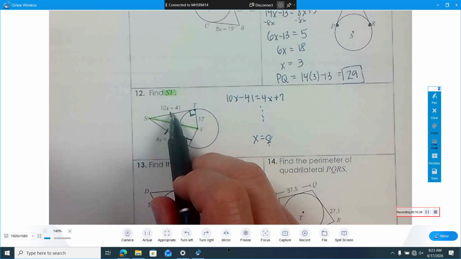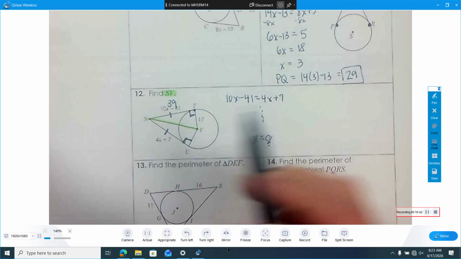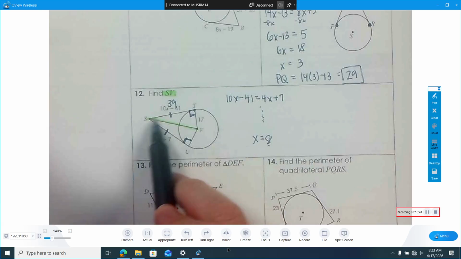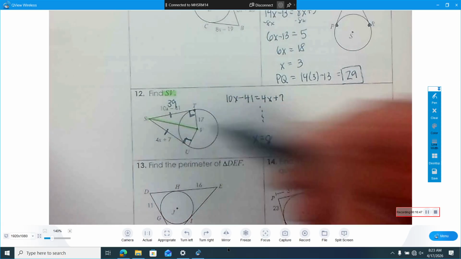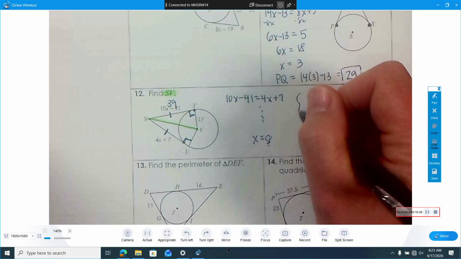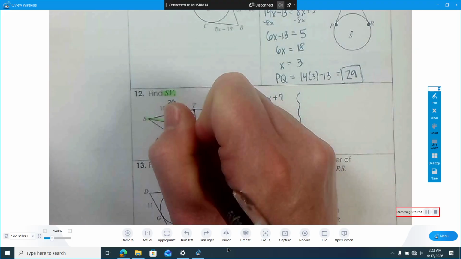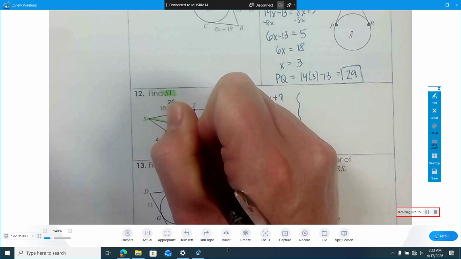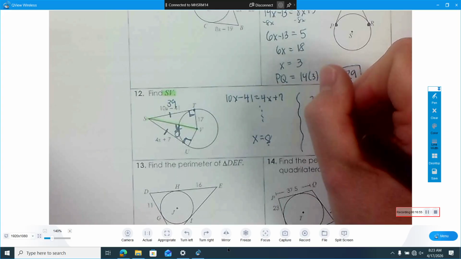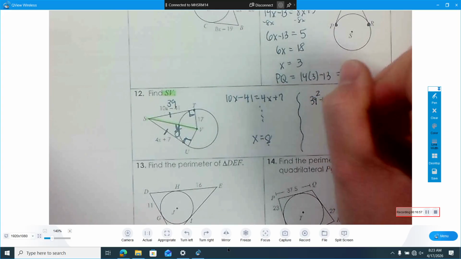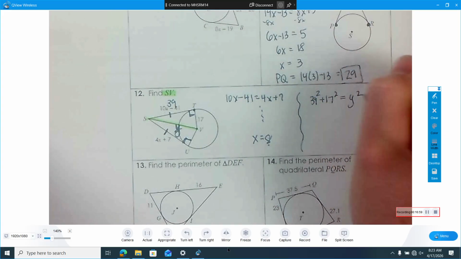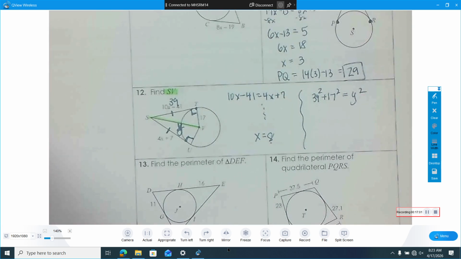So that's 80 minus 41, 39. So if I plug it back in, I see ST is 39 and 17, and then it's the Pythagorean theorem. If we want to figure out, I'm going to call it y, 39 squared plus 17 squared equals y squared. So Pythagorean theorem after that.